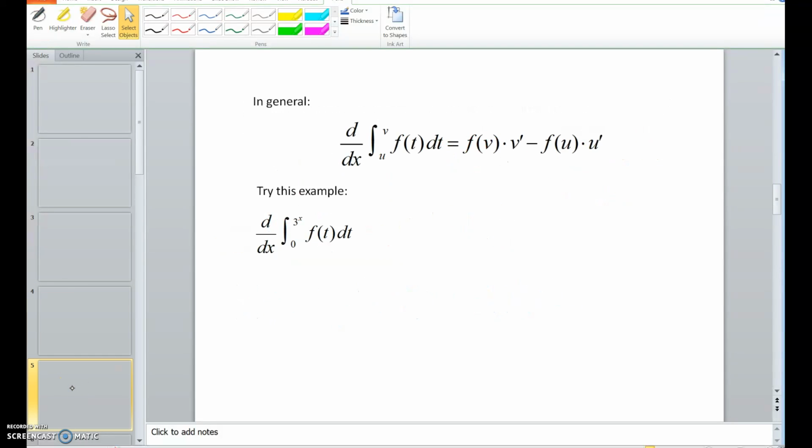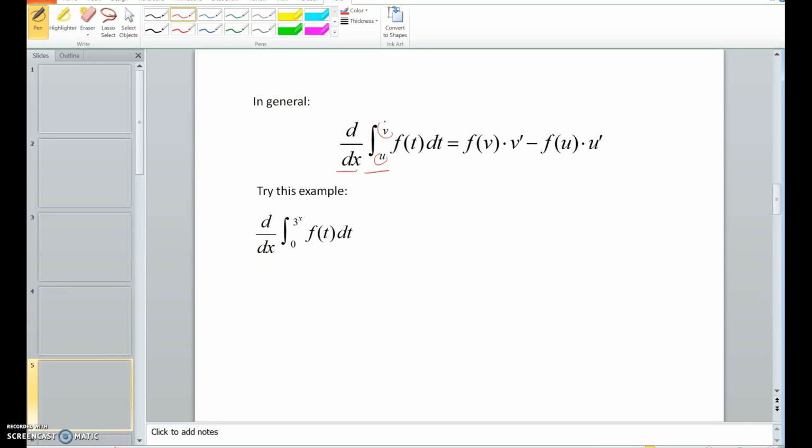So the general rule for the second fundamental theorem of calculus and these types of problems is, if you're taking the derivative of an integral and the bounds of integration are some expressions involving x, the lower bound is u, the upper bound is v. In the example we just saw, u was x squared and v was x squared plus 5x.